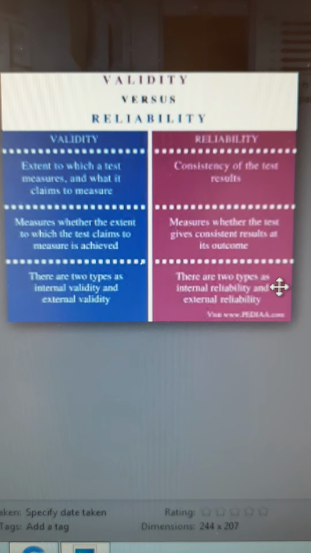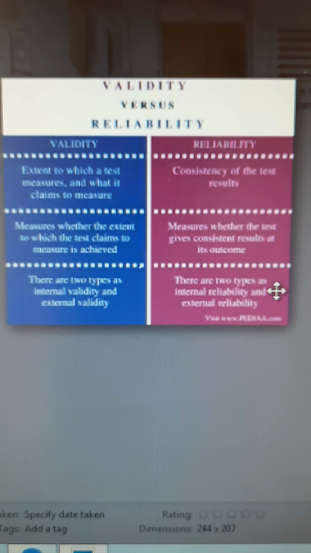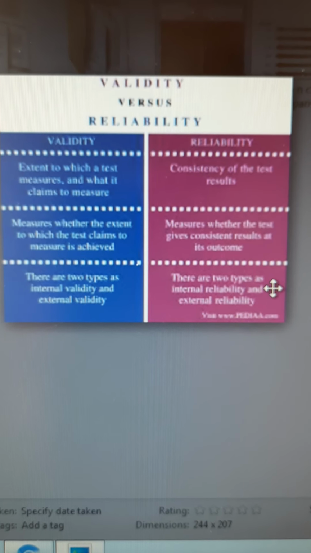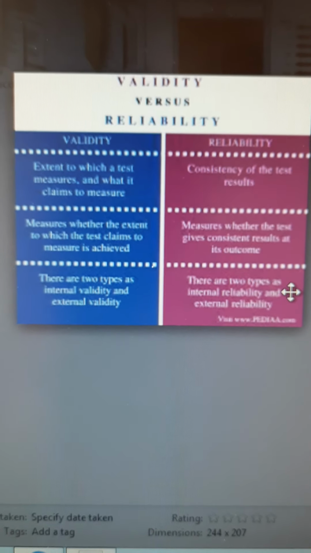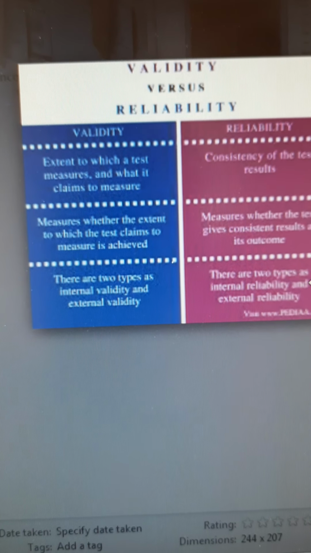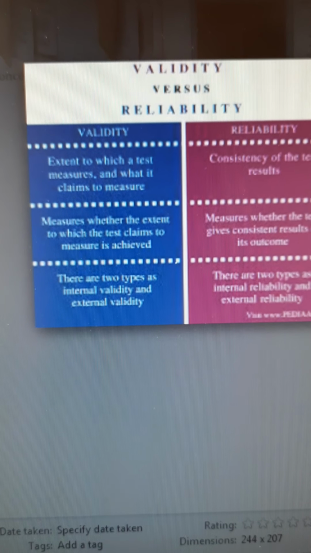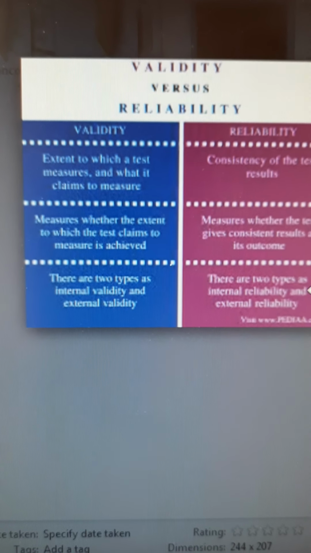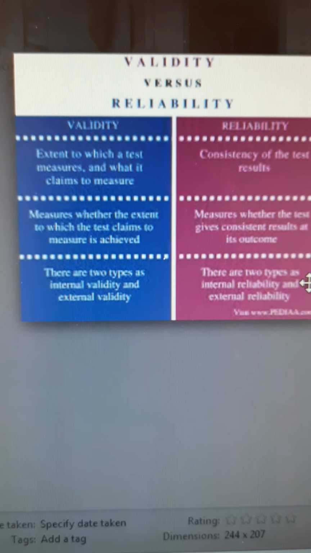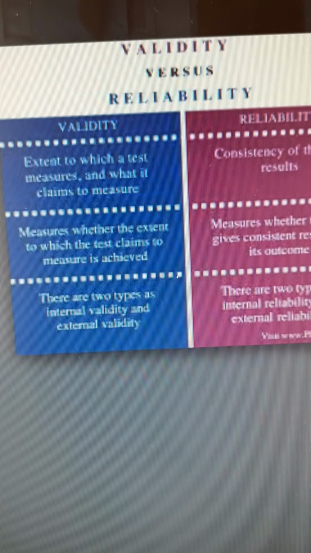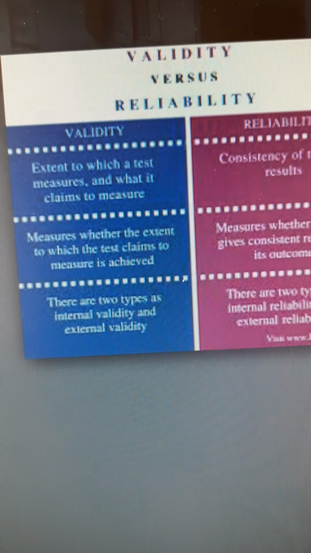Validity is the extent to which a test measures what it claims to measure. For example, I am finding out about customer feedback of Uber, and I have given you all a set of questions. To what extent each of these questions actually collects the right data, that is validity. Measuring whether the test is measuring what it claims.